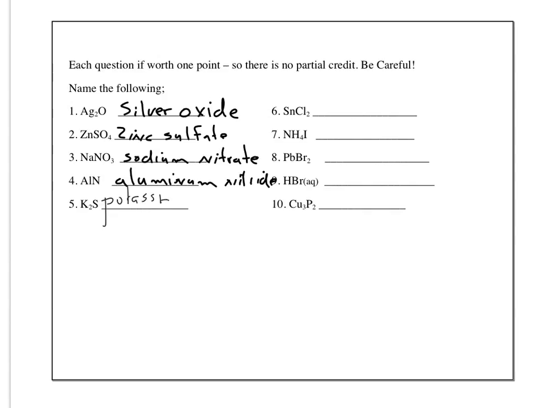sulfide, binary compound, and the potassium only has one charge, so potassium sulfide. Tin has two charges, 2 or 4, so this one would be tin(II) chloride.